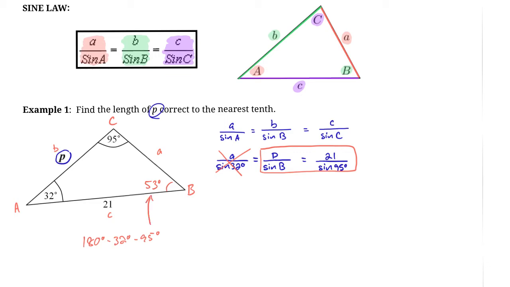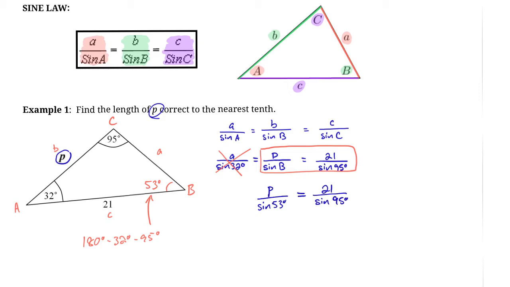So we can fill in this information. We still don't know side length P, but we know angle B is 53 degrees, and we're using side length C, which is 21, and angle C, which is 95 degrees.